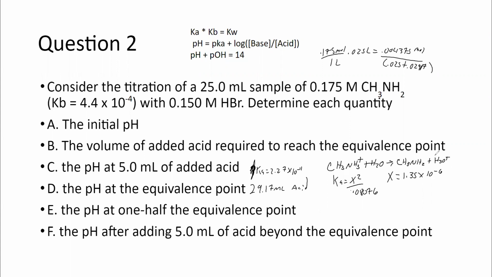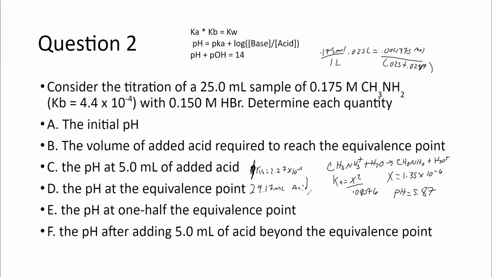That's H3O+. So I want to get pH, which is just minus log that. So my pH is 5.86, or 5.87 by rounding. And again, we want to ask ourselves, does that make sense? It should be below 7 because we have a weak acid in solution. And so the pH is below 7, so that's good.